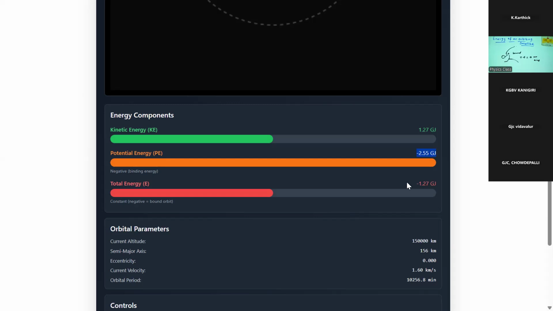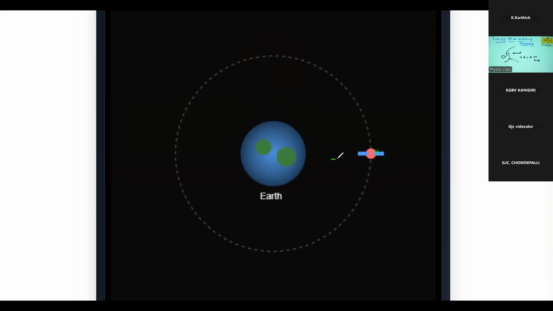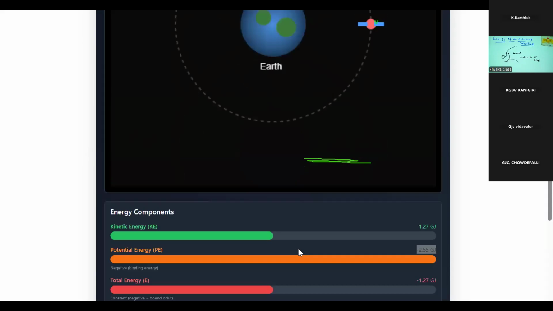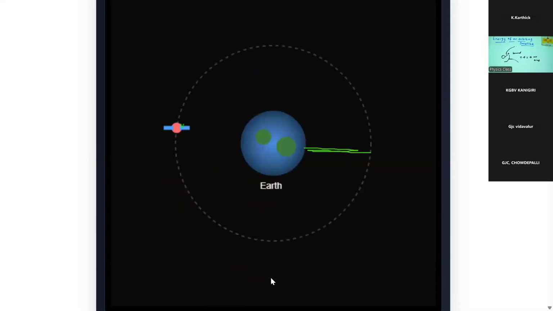Clear? Okay. Since the orbit is circular, the distance between Earth and satellite is constant, and the velocity is also constant.